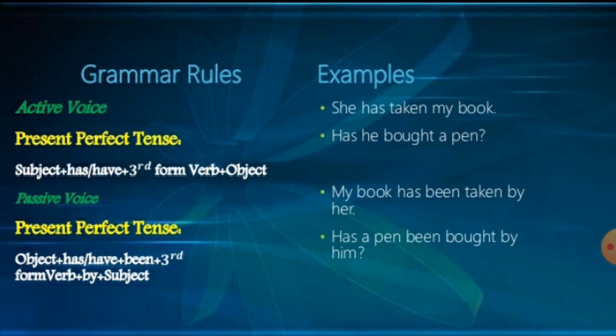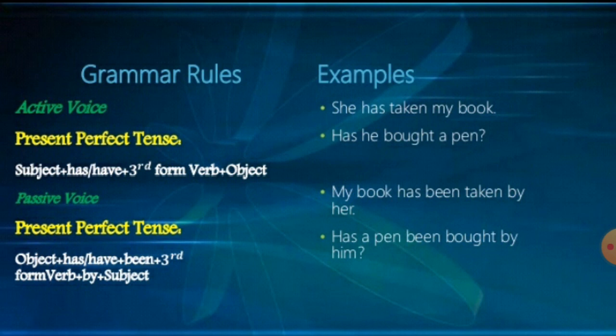The third rule, the present perfect tense. As you know, the present perfect tense has the has or the have form. Subject plus has or have plus third form of the verb plus object. We'll take the example. She is the subject, has taken. My book is the object.